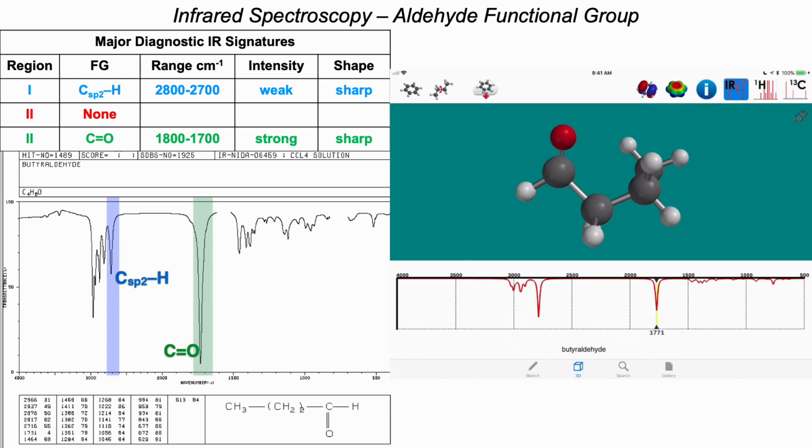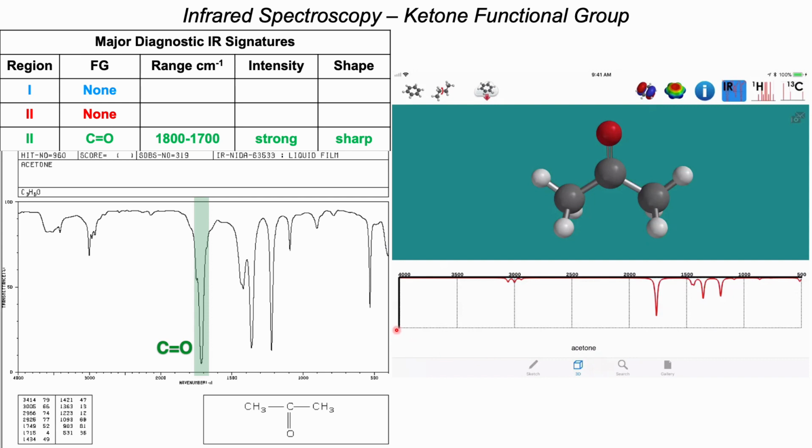Here's the carbonyl CO double bond stretch, and again that's region 3. That's where you're typically going to see your carbonyl stretches. And then within that region of all the carbonyl containing functional groups, there's going to be some specific things we can look for that'll help us pinpoint exactly what functional group they are.